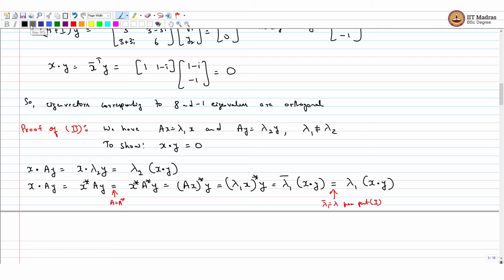So the net effect of what we got, let me call this equation 1, equation 2. So x dot Ay equals lambda 2 times x dot y, and that is also equal to lambda 1 times x dot y.